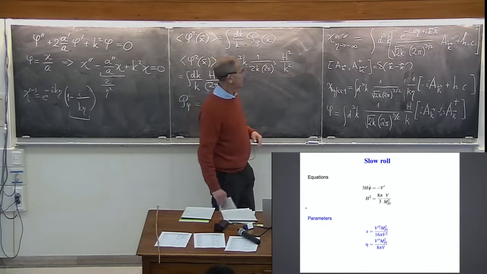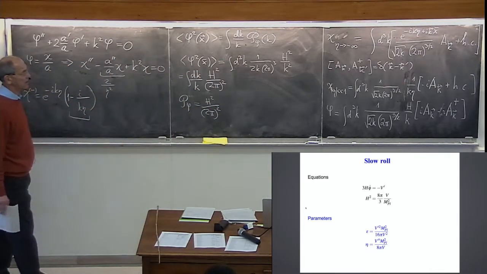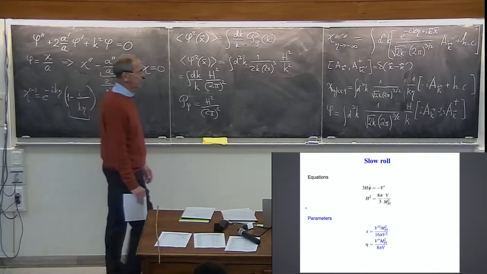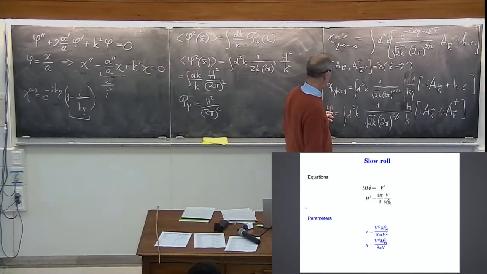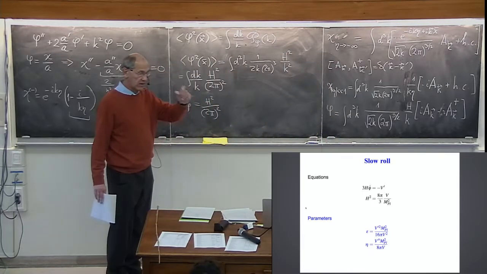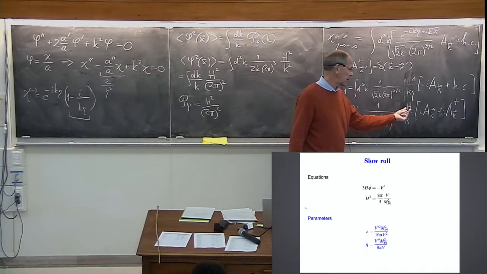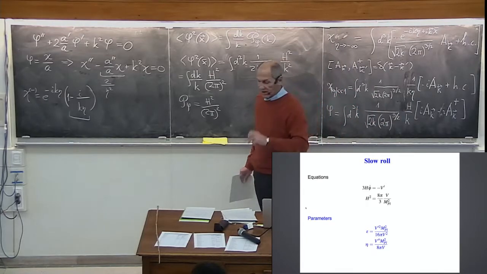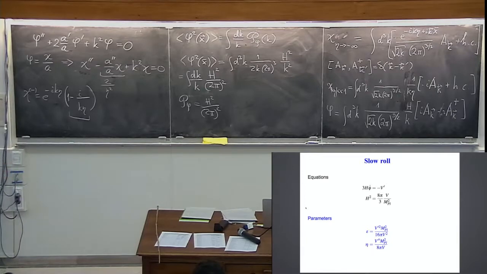The Hubble parameter decreases as the field rolls down, as the inflaton rolls down. So the Hubble parameter decreases in time, and therefore phi should be slightly red, right? The shorter wavelength exits the horizon later on when h is smaller, and therefore shorter wavelength has a little bit less power.